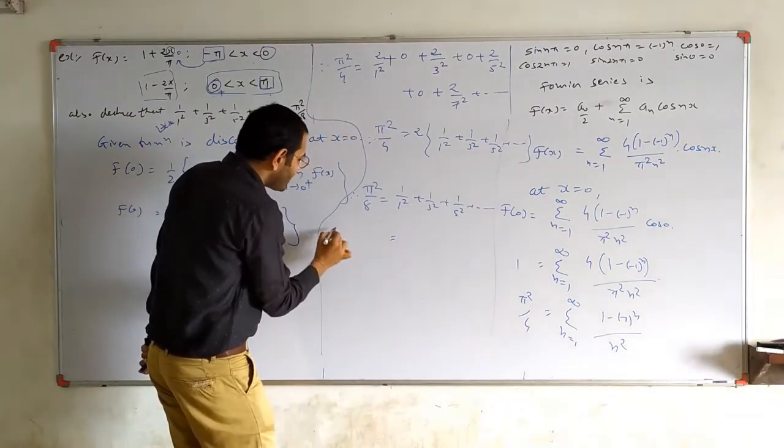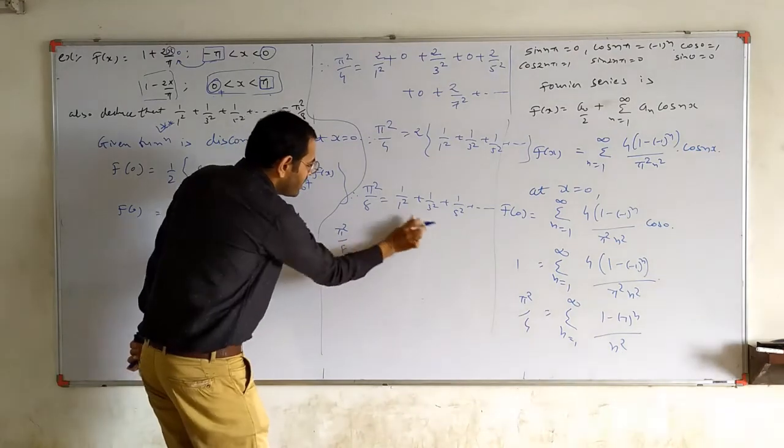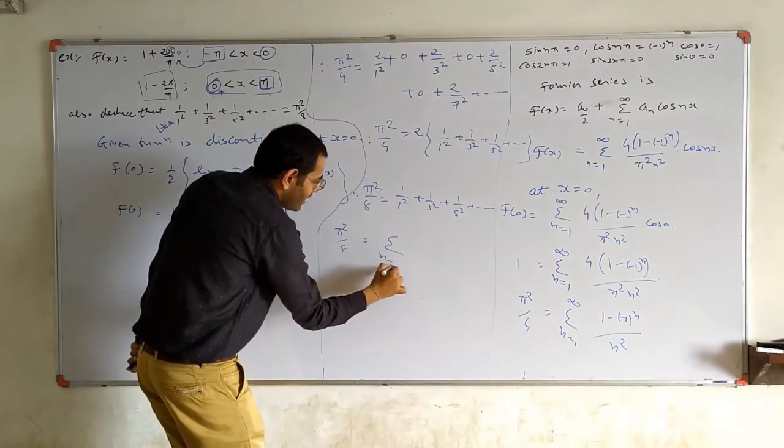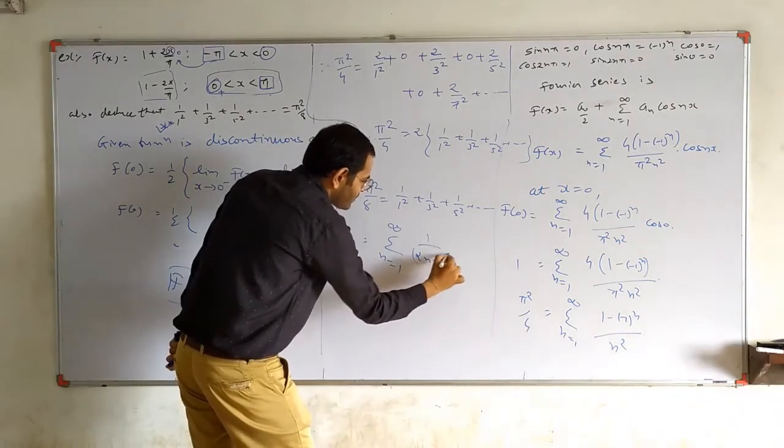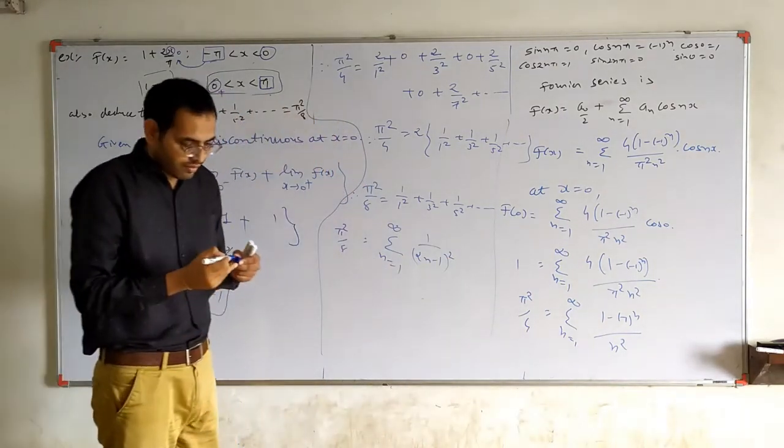In generalized form, we can also write this as summation n equal to 1 to infinity 1 upon 2n minus 1 whole square.